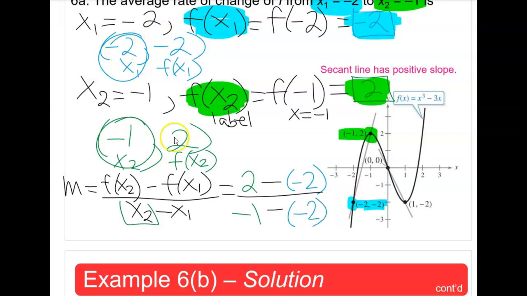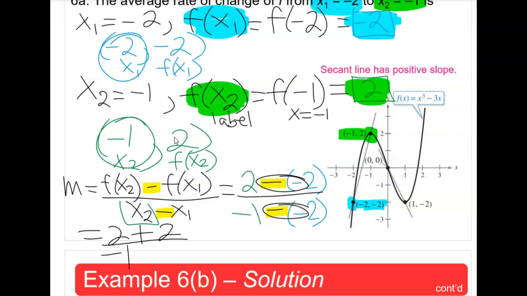You see how the negatives that I have here are part of the formula. The other negatives are inside the parentheses because they're representing the y sub 1 and the x sub 1 values, which are both negative. I do that so that I don't have any confusion and I don't forget to simplify that. Two negatives, I get a positive because they're multiplying.